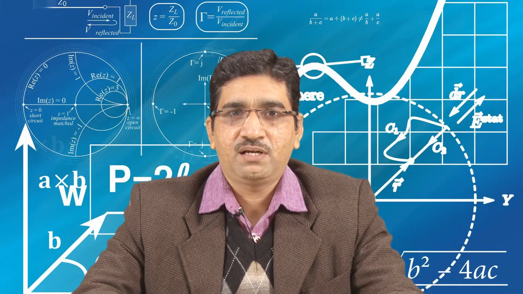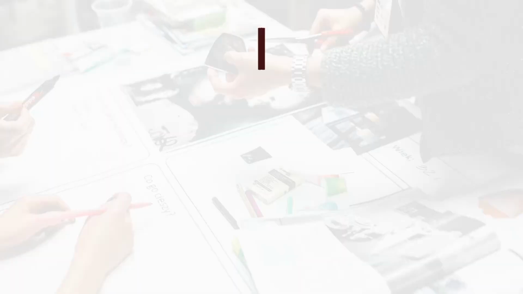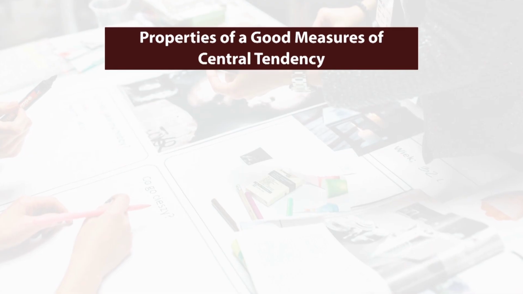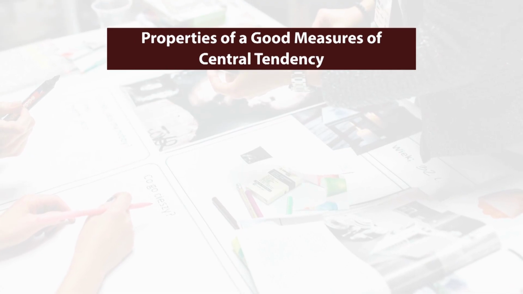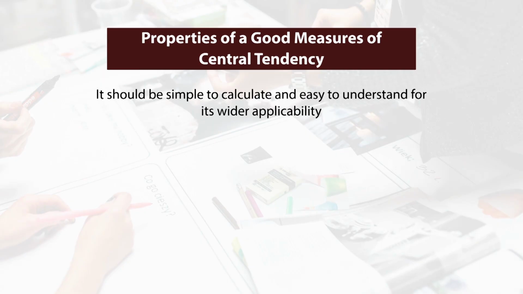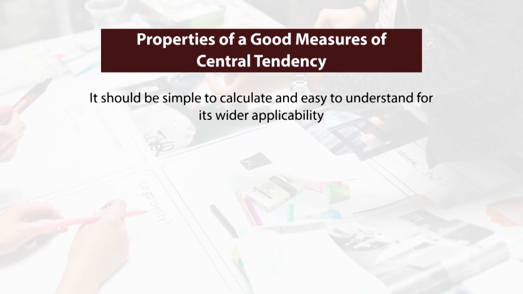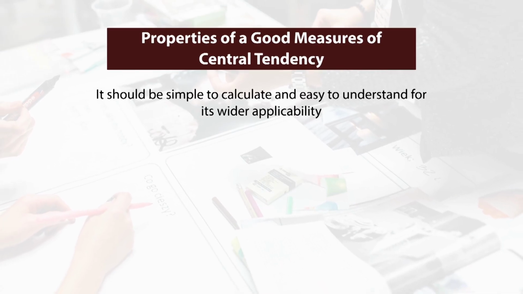After that, we can now discuss the properties that should be attained by a good measure of central tendency. First of all, a measure of central tendency should be simple to calculate and easy to understand, so that it has wider applicability and is understandable to the layman also.